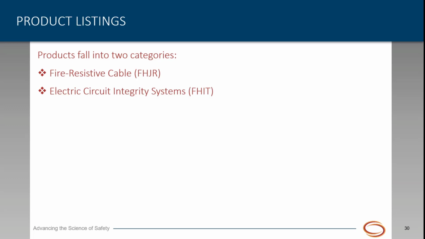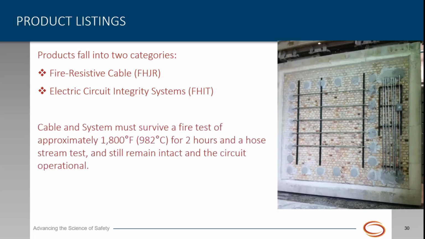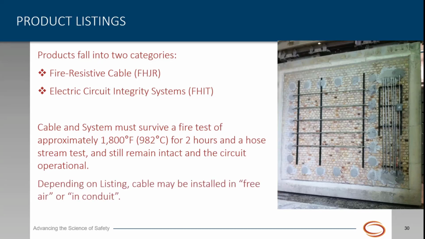But these 2 terms, FHJR and FHIT, become very important in a moment. The cable in the system must survive a fire test of approximately 1800 degrees for 2 hours, followed by a hose stream test, and it must still remain intact and the circuit must continue operational. Depending on the listing, the cable may be installed free air, or it may be placed in conduit.